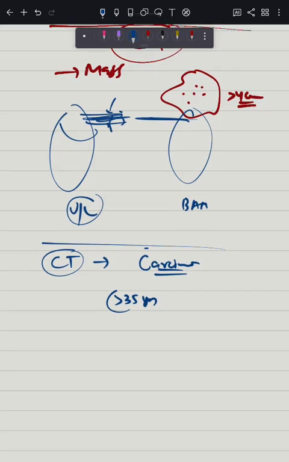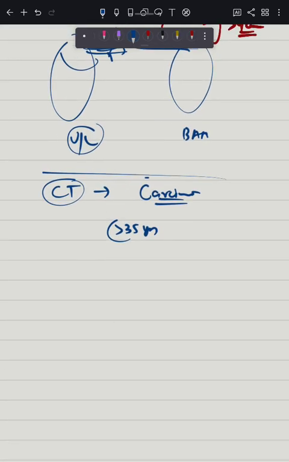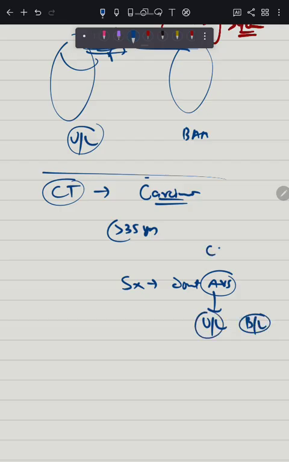So AVS is usually required before surgery. You cannot do surgery without AVS, because AVS is the guiding tool to see whether the patient has unilateral or bilateral disease, since CT sometimes misses bilateral disease. That's why AVS becomes the gold standard to guide therapy.